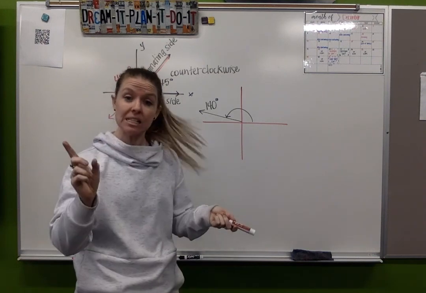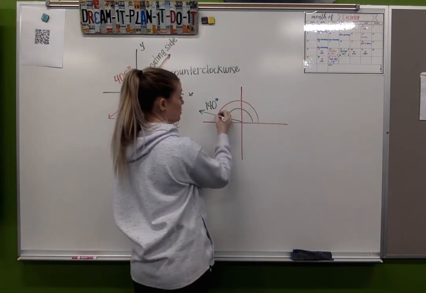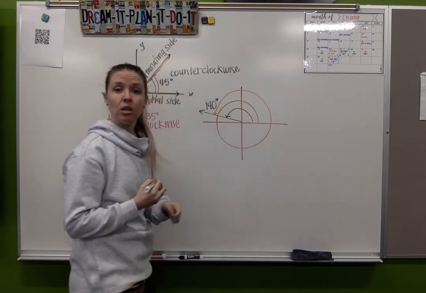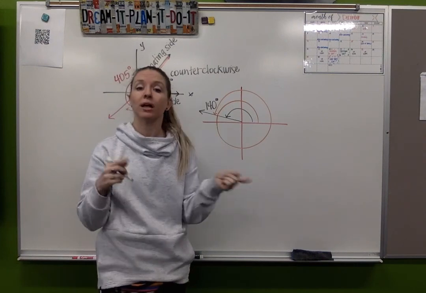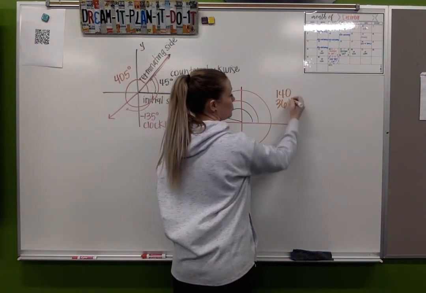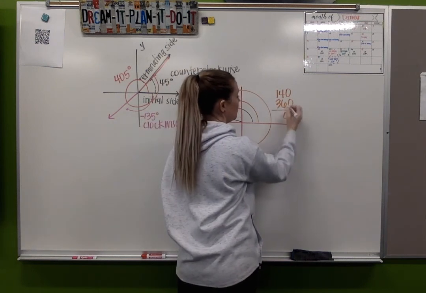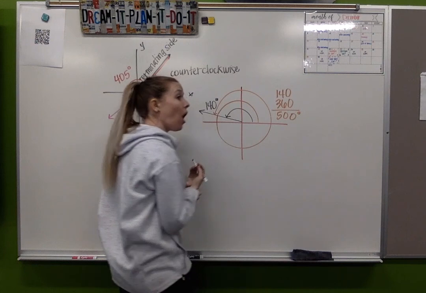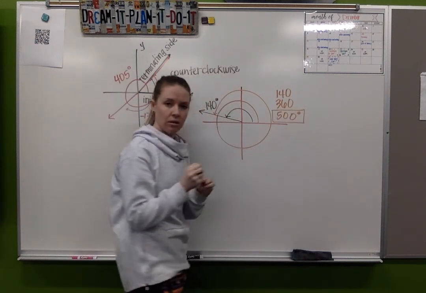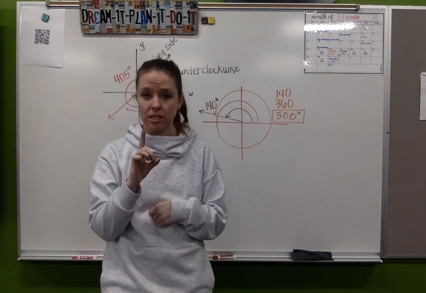An easy one is I can just take my 140 and rotate all the way around again. So I've got my 140 plus a 360. So 140 plus one full cycle, 360. That is also a 500-degree rotation. So an easy way to find coterminal angles, add 360.